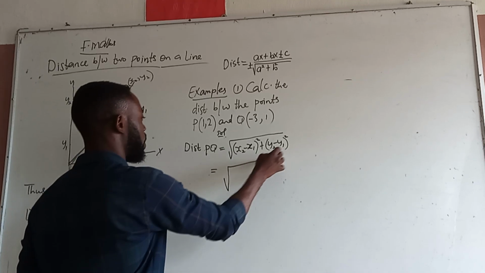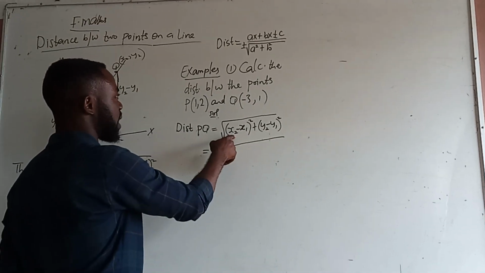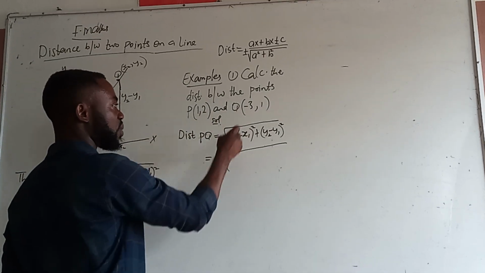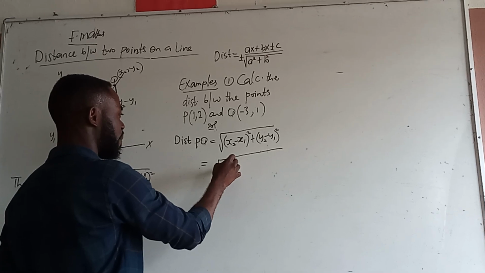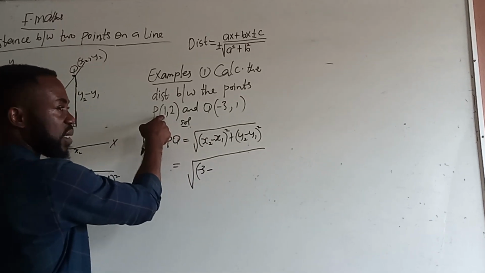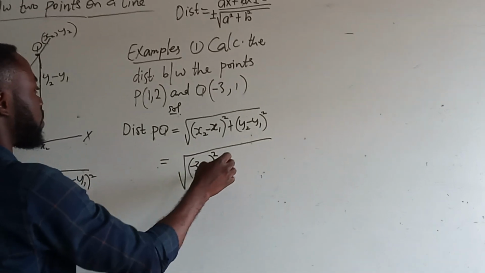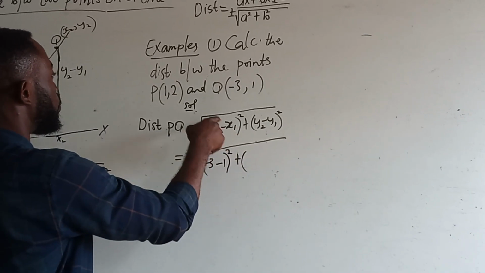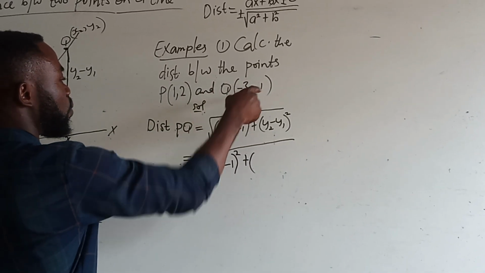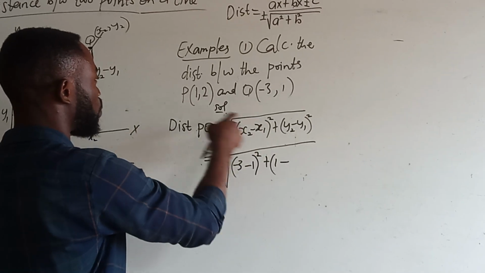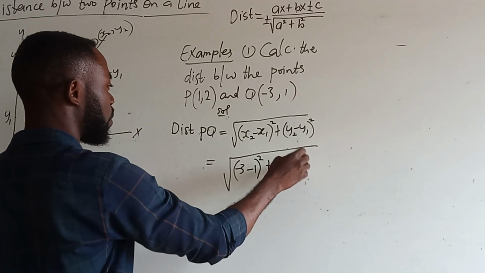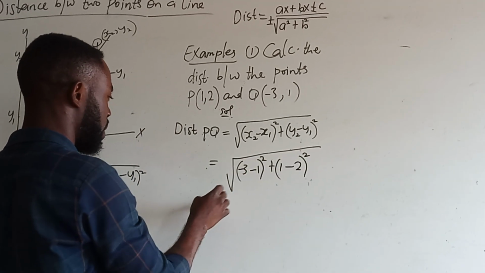That gives us the square root of x2, look at x2, minus 3, minus x1, is this. You square it, plus y2, look at y2, 1, minus y1. Look at it, square it.